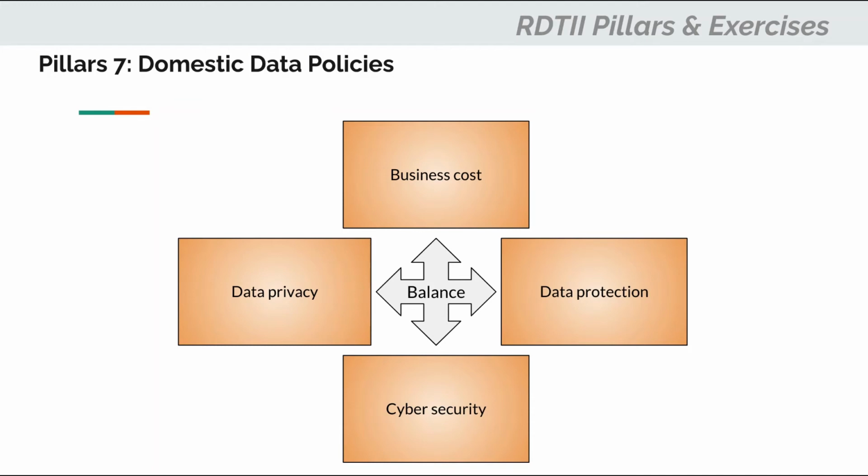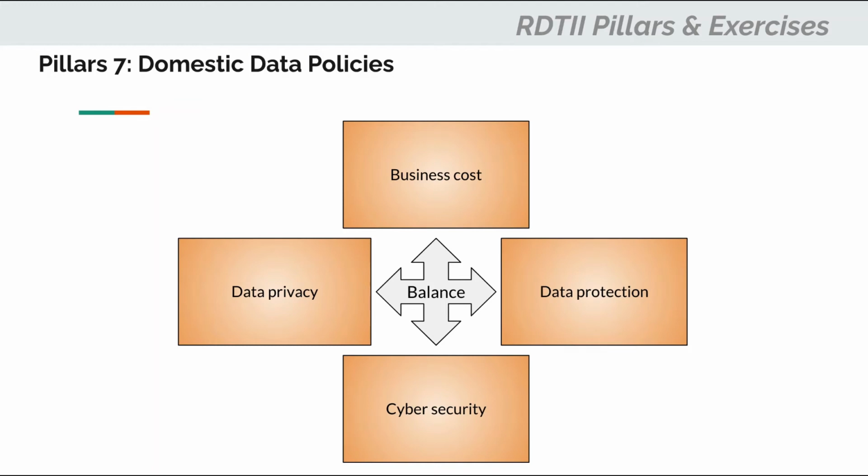This pillar looks at data policies in light of not only three policy parameters: business cost, data privacy, and data protection, but also cybersecurity. Cybersecurity refers to the government's enforcement efforts to protect organizations, individuals, and networks of both public and private sectors from digital attacks.